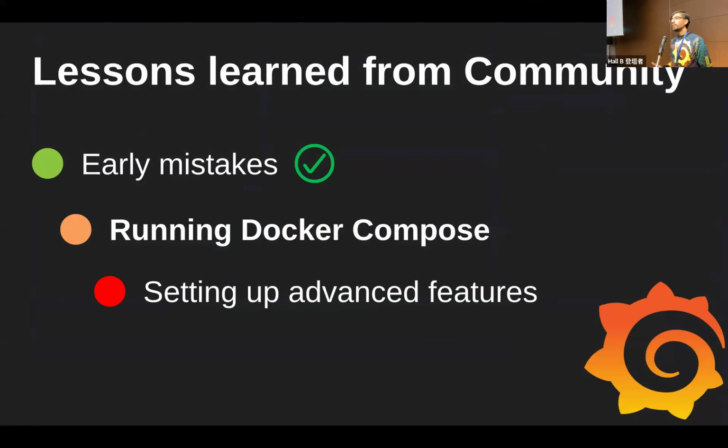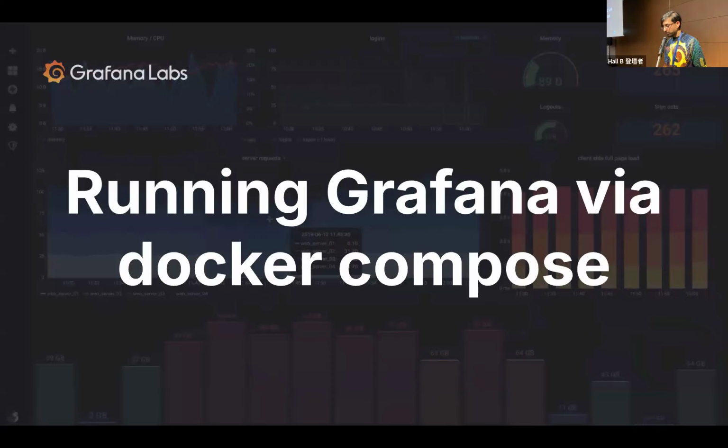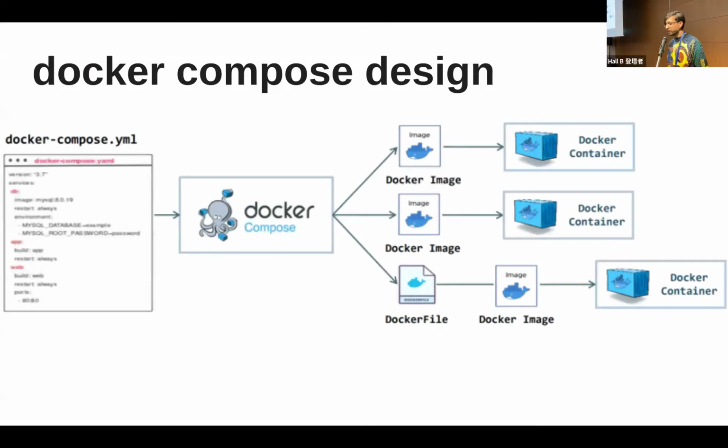Now, these are some basic early mistakes which I learned from the community. Now we will jump to the more interesting part, which is using Grafana with Docker Compose. When you run Grafana with Docker Compose, it's much easier, and I also prefer this option because it gives you more flexibility.